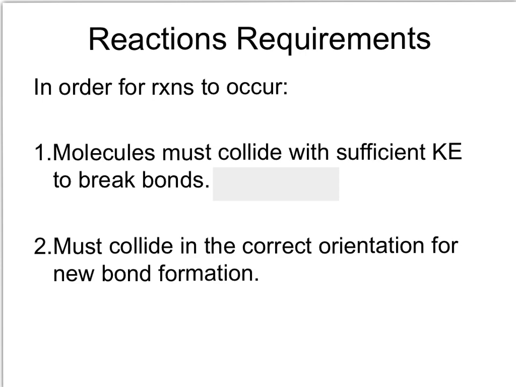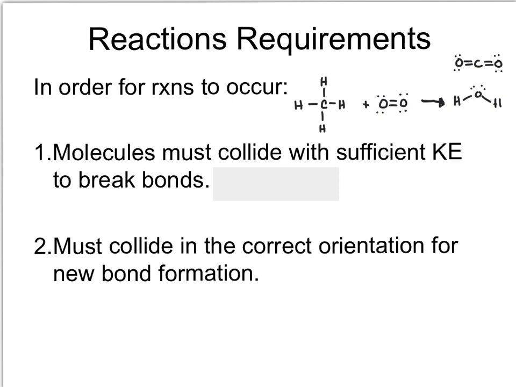Okay, so we know that in order for products to be formed, we first must basically disassemble or break bonds within the reactants. So if we look at this unbalanced chemical equation here, what we notice is that we have carbon bonded to hydrogen and oxygen bonded to oxygen on our reactant side. Now, if we look at our product side, we notice that we have carbon bonded to oxygen and oxygen bonded to hydrogen.